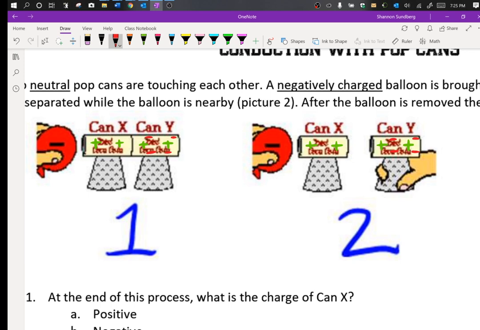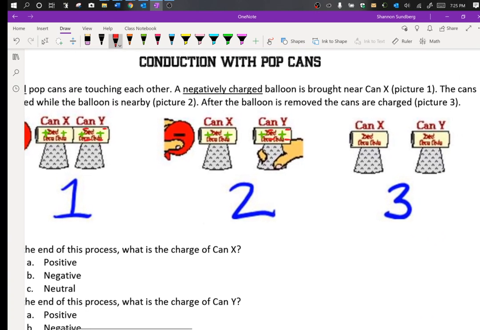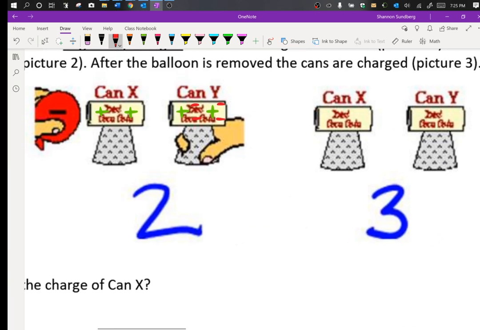They're just in there already from picture 1, and then when I separated them in picture 2, they stayed there. Then after the balloon is removed, the cans are charged. So if you were to draw your charges back on the cans again, you would have protons here and here, because remember, protons don't move, and you'd have electrons on here.